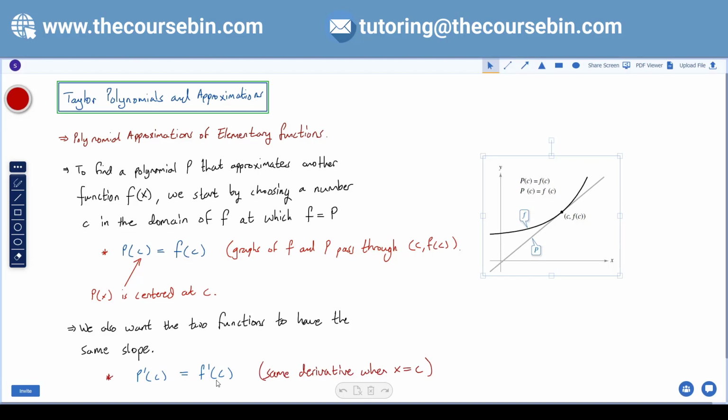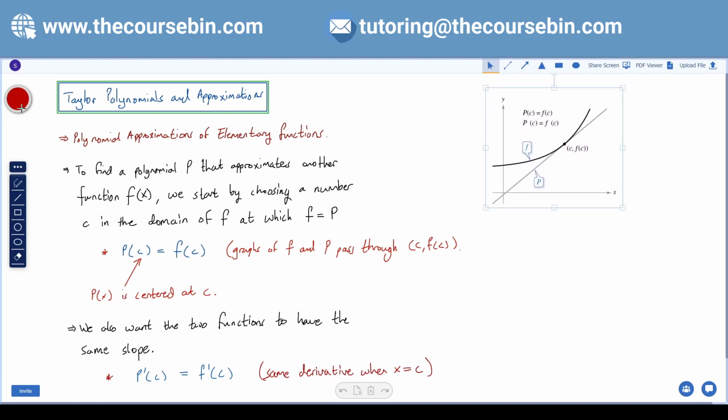What that means is that the only polynomial that satisfies just these two requirements is a straight line. So essentially we created a tangent line to our graph of f. So the two requirements that we just listed create a tangent line approximation.